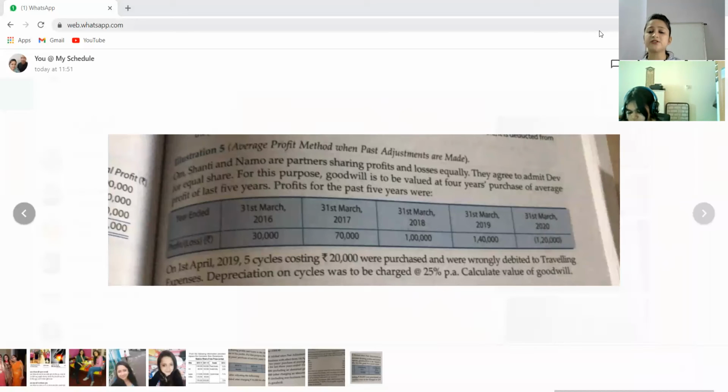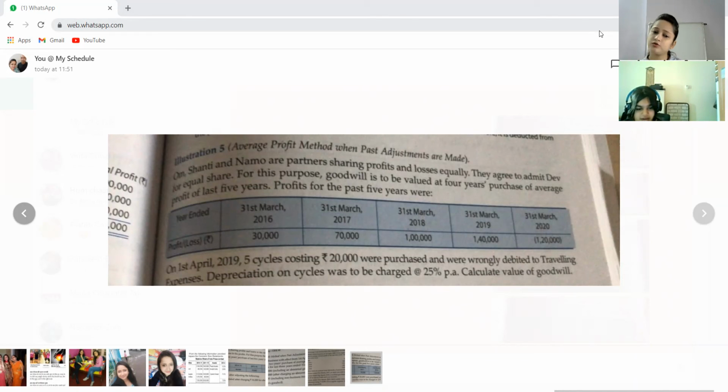If you have purchased a cycle, you should record it in the balance sheet. But wrongly, you have debited it in the PL by writing traveling expense. So your profit will be decreased or increased? Reduced. So for the rectification, what will you do?